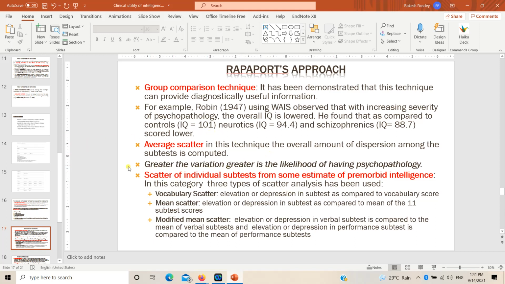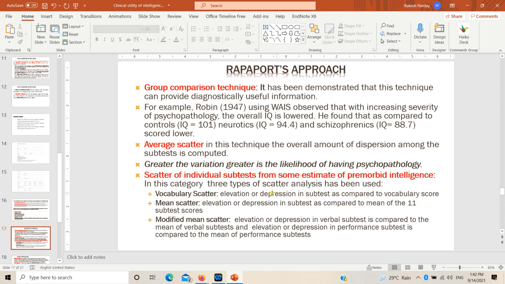This is not the scatter of individual subtests, but Rapaport suggested that we can see how scattered the subtest performance is. So scatter of individual subtests from some estimate of premorbid intelligence quotient has also been suggested.